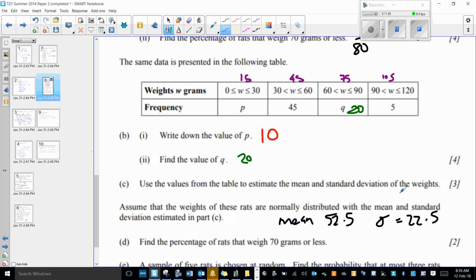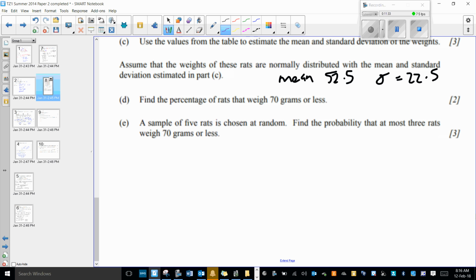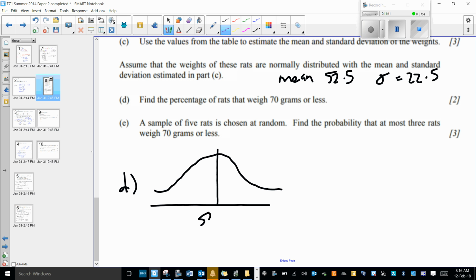Find the percentage of rats that weigh 70 grams or less. Okay, so we would draw a normal distribution. A mean of 52.5 and standard deviation of 22.5. So make sure you just follow through your values, even if you're not sure if they're right or not. So we want 70 grams or less.